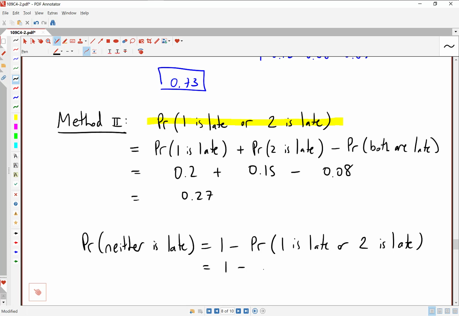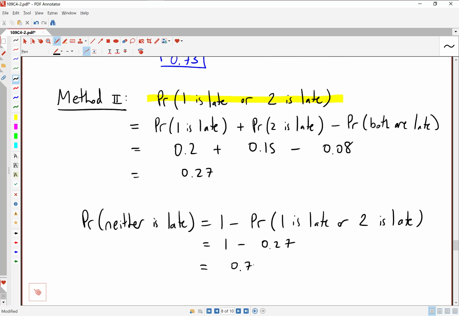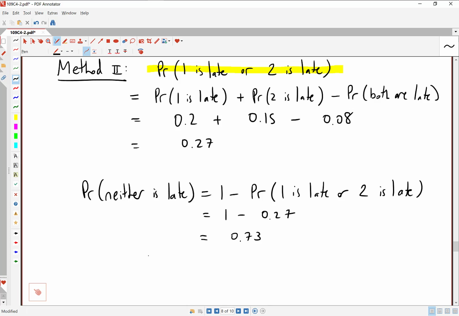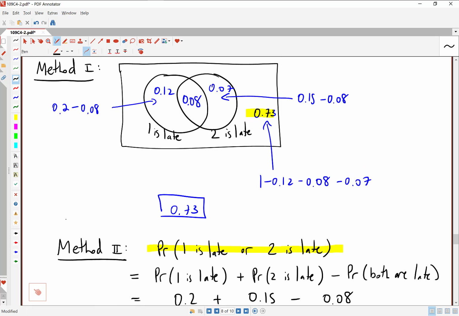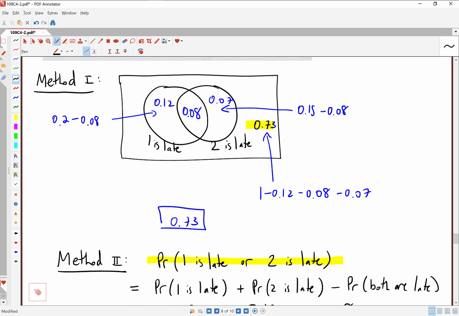So that's 1 minus the probability that we just calculated, which is 0.73. So we definitely end up with the same answer as before, 73% probability that neither is late. So that's two ways of solving the same problem. I would say the Venn diagram is probably a bit more user-friendly, just helps keep things organized.